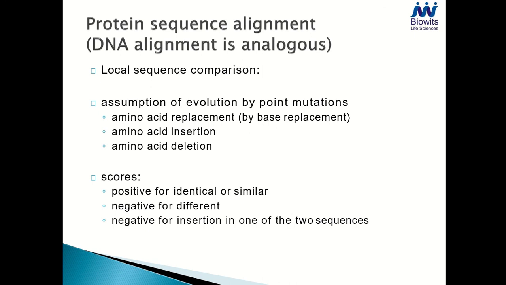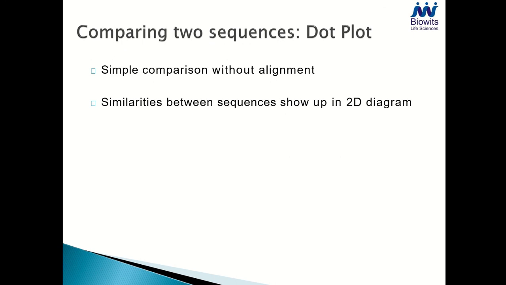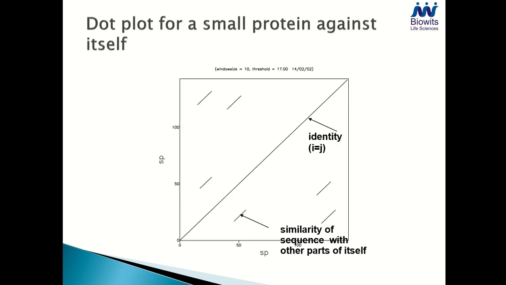Ayan. Pag nakakita ka negative for insertion in one of two sequences. So, comparing two sequences using dot plot. So, simple comparison without alignment. So, kino-compare mo lang, walang alignment.